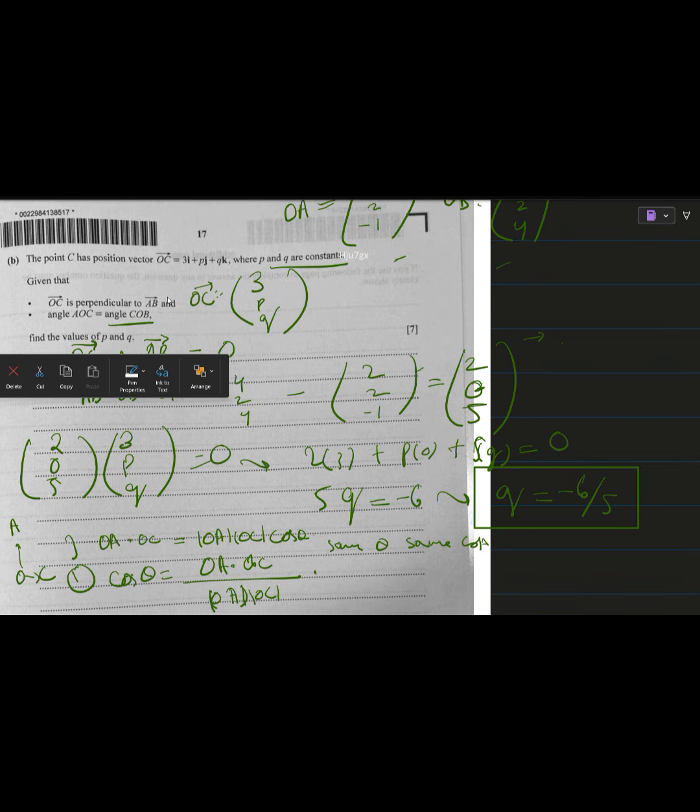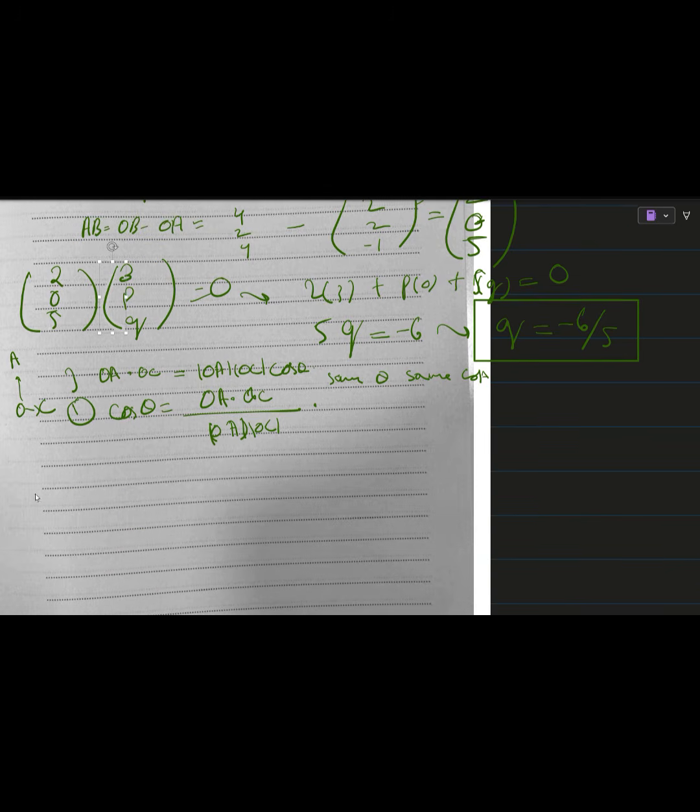Now for the second part, we have angle COB as well. The same goes here: the scalar product of OC and OB divided by the magnitudes of OB and OC gives cos theta. Then we can equate both cos thetas since they're the same.